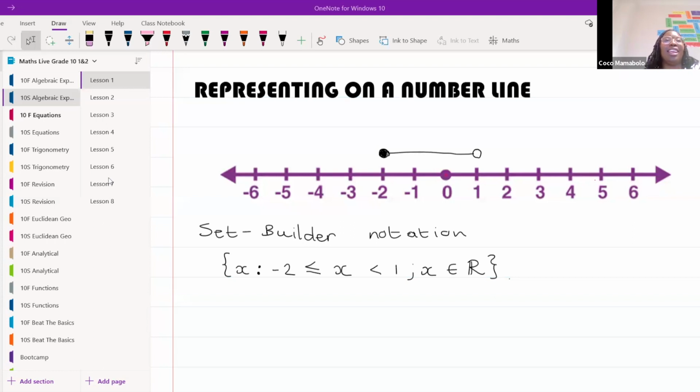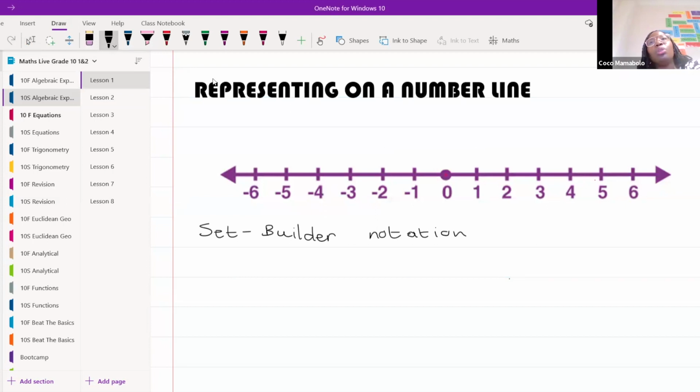It's beautiful. Excellent work. All right, here's your next challenge. Okay, before we end off today's lesson, maths is nice again. Here's your next challenge. I'm going to give you the number line, and you're going to give me the set builder notation.